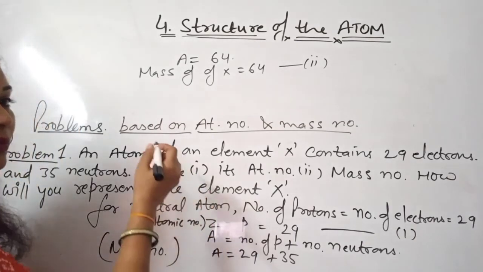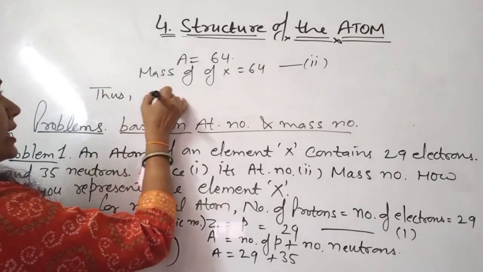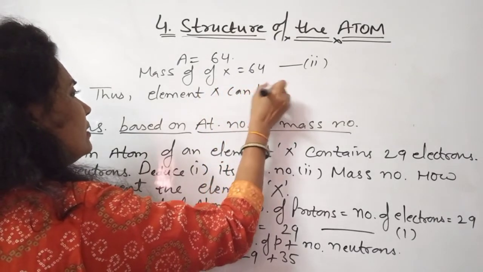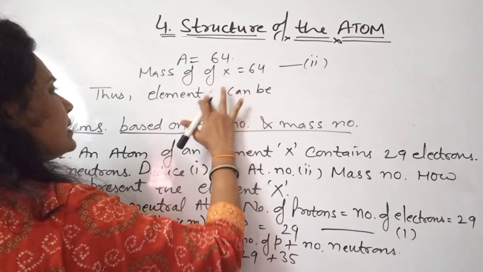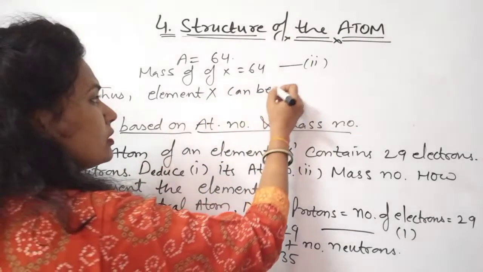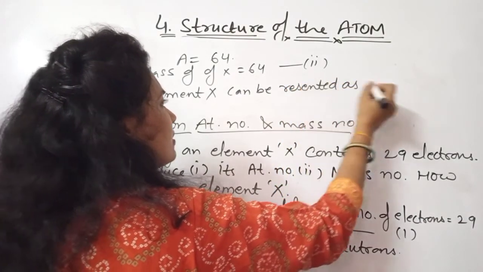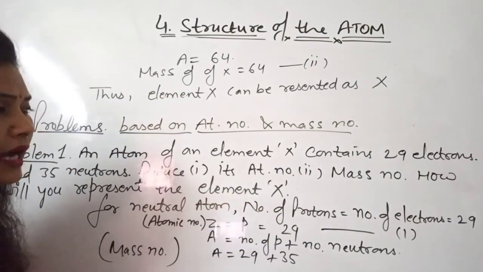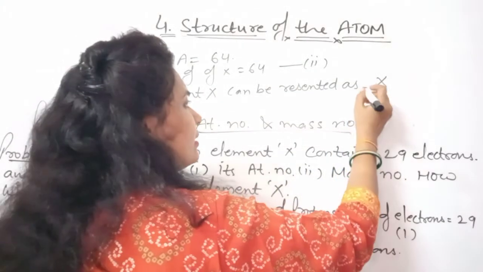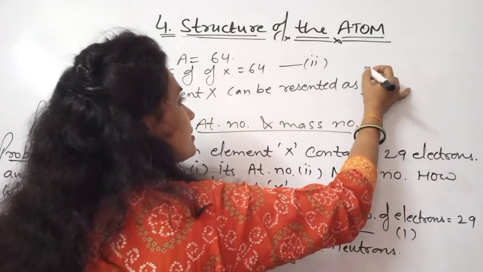How can we represent the element? So element X can be represented as X. At the bottom we write the atomic number, which is 29, and on top we write the mass number, that is 64.